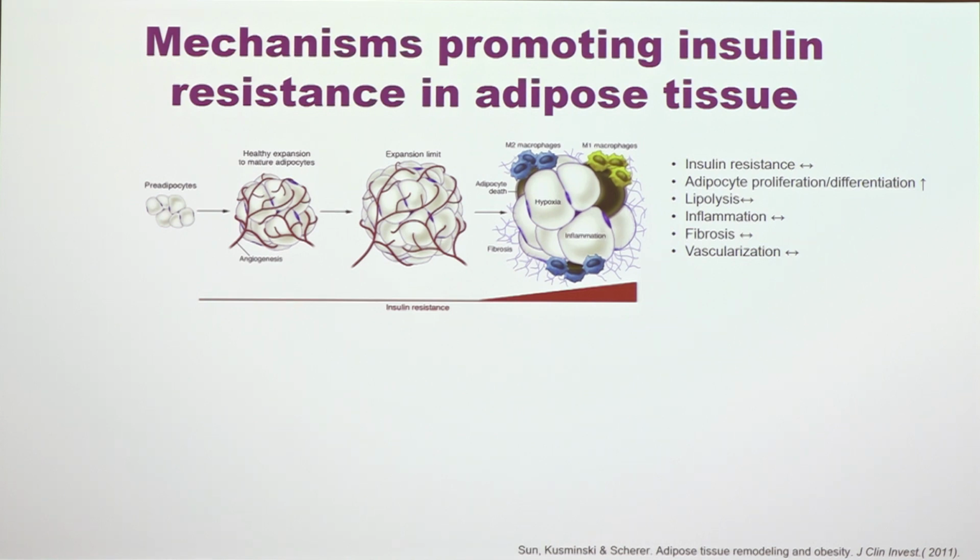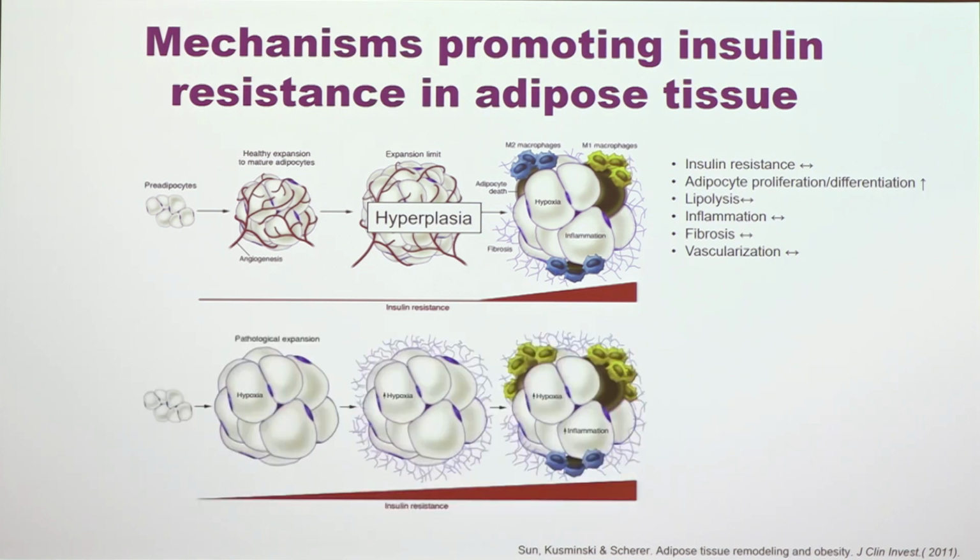You don't have any changes in lipid turnover or inflammation, and no fibrosis or changes in vascularization. This phenotype, where you have many small fat cells, is called hyperplasia, and I will come back to that later, why that is so important.